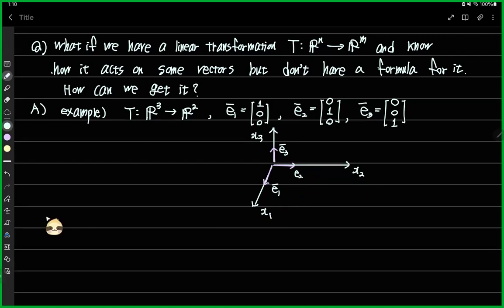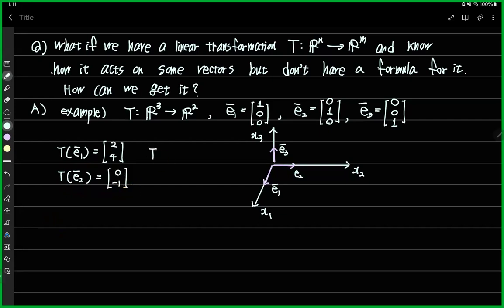Now, for example, T of E1 returns (2, 4). T of E2 returns (0, -1).